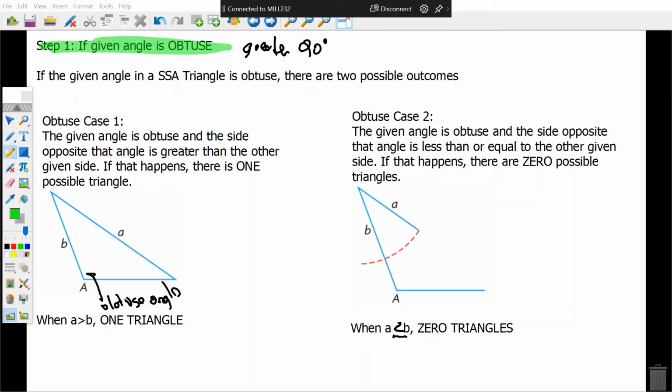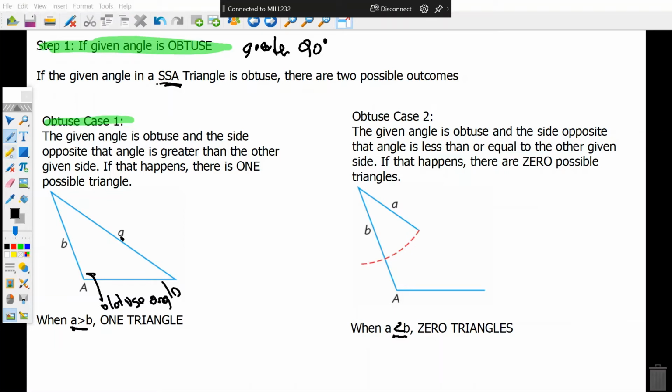Case number one: the given angle is obtuse and the side opposite that angle is greater than the other given side. Remember, this is a side-side-angle triangle, so they're giving us two sides and one angle. If side length a is greater than b, there is one possible triangle.